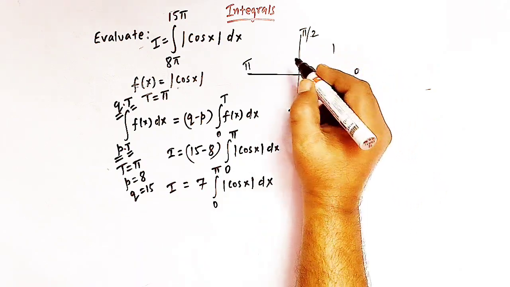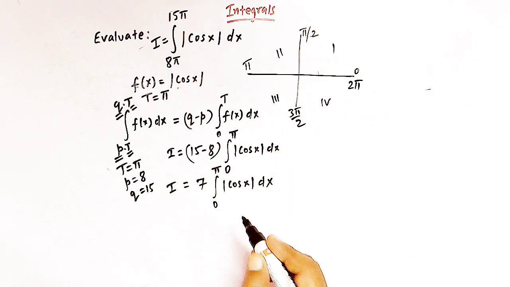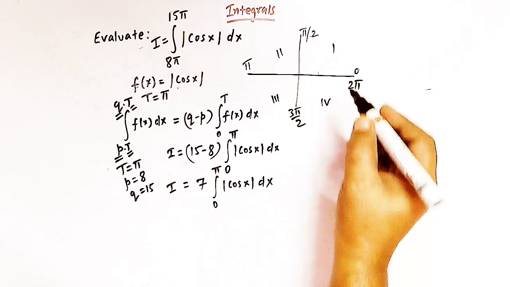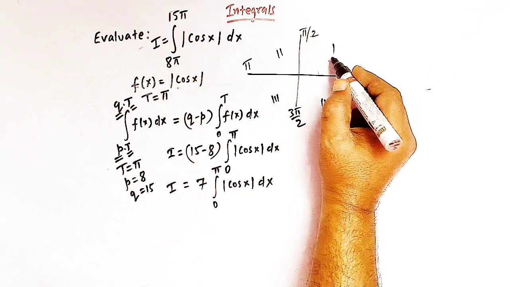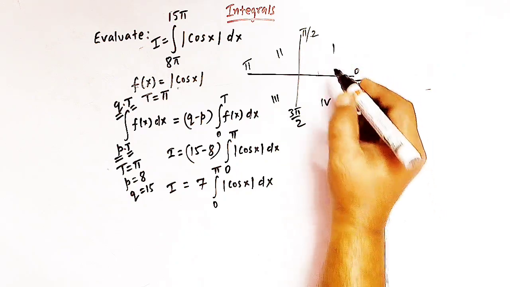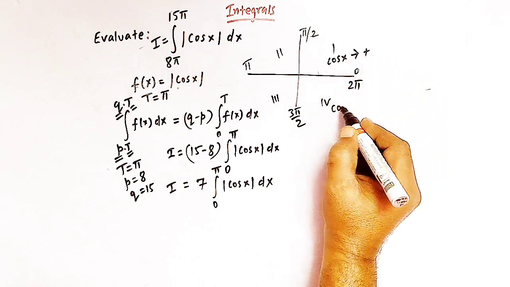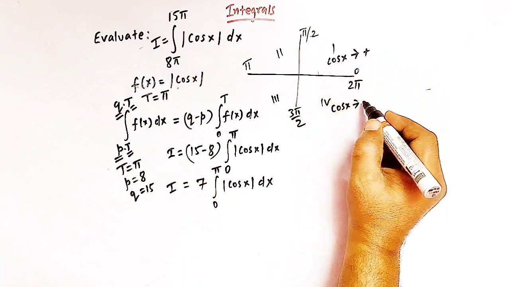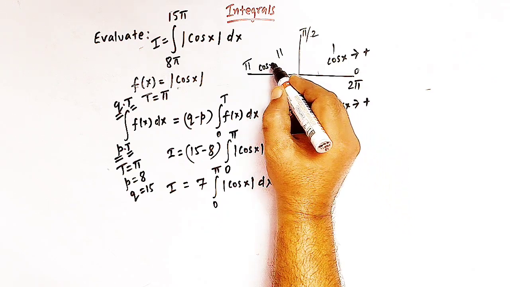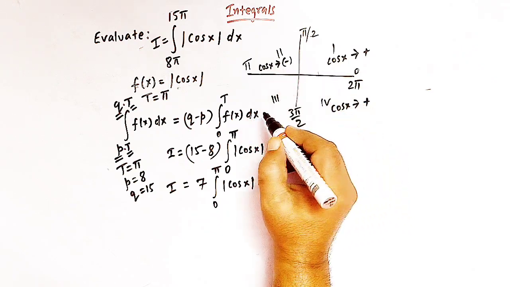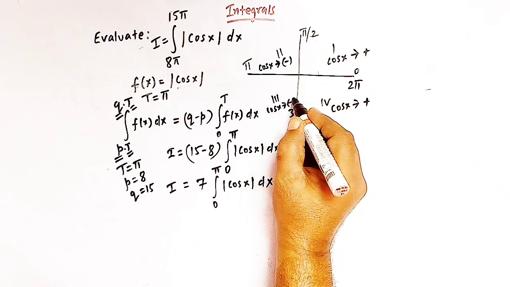So this is the first quadrant, this is second, this is third, and this is fourth. We know that the cosine function is positive in the first and fourth quadrants, and negative in the second and third quadrants.